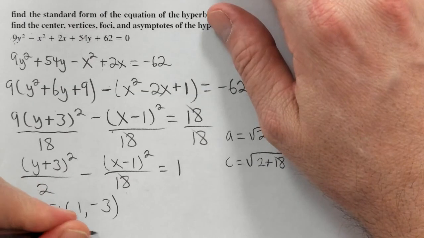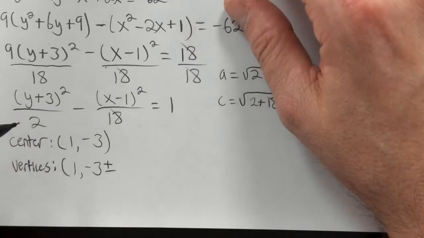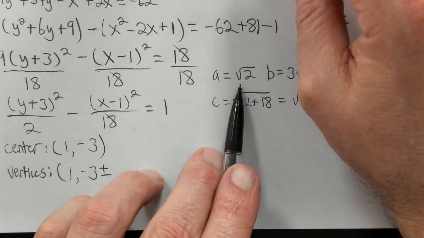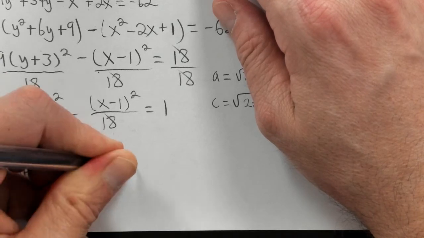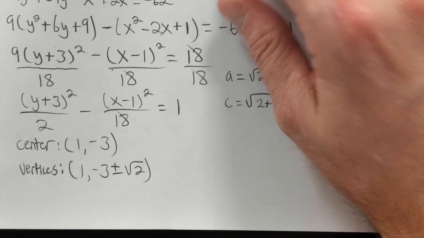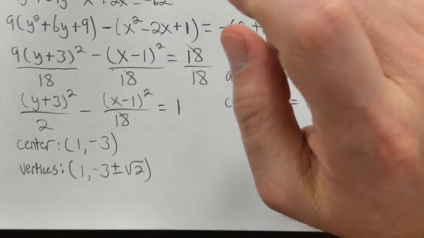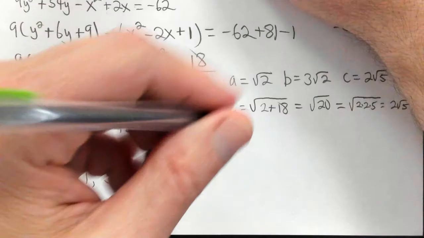I'm going to leave it in this form because my a is already a square root number, so I'll just call that plus or minus the square root of 2. We don't have to make that 2 separate decimal coordinate points. You can leave it just like that. Those are your vertices.